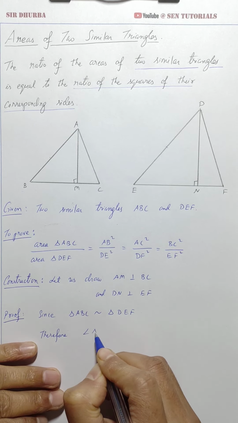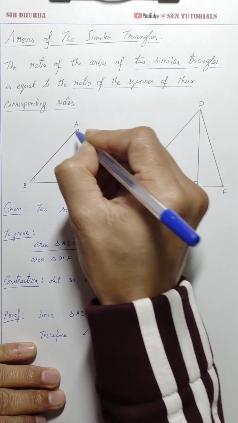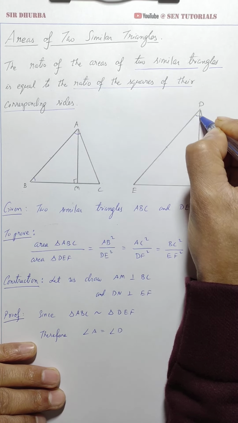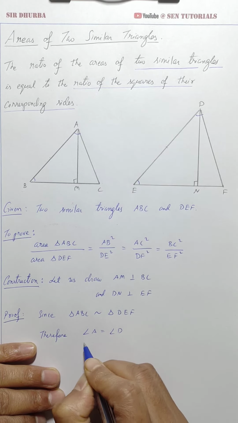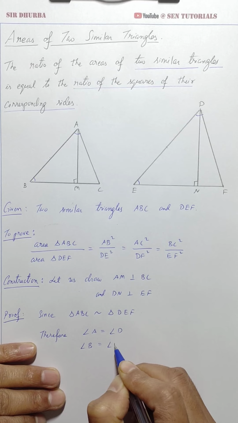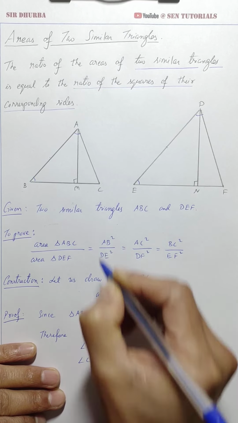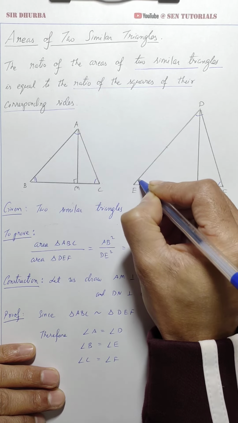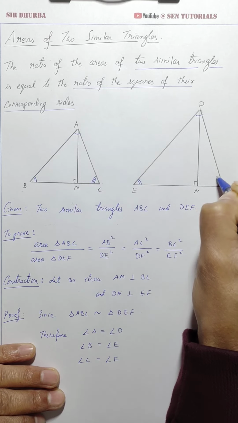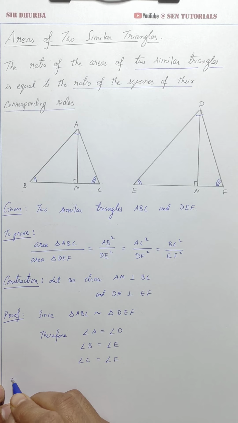What we will have is, after we arrange the triangles, the corresponding angles: angle A would be equal to angle D, angle B would be equal to angle E, angle C would be equal to angle F. And what more?